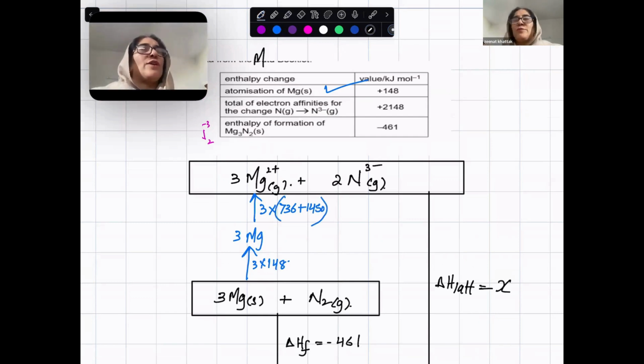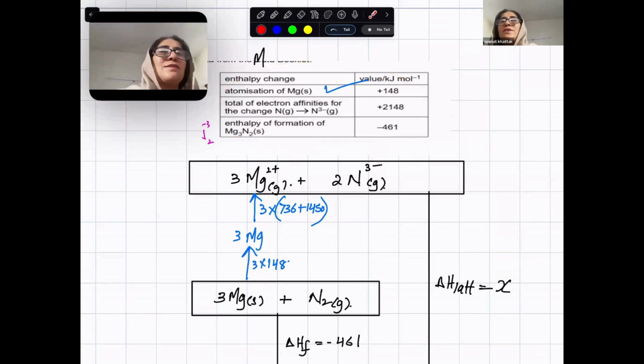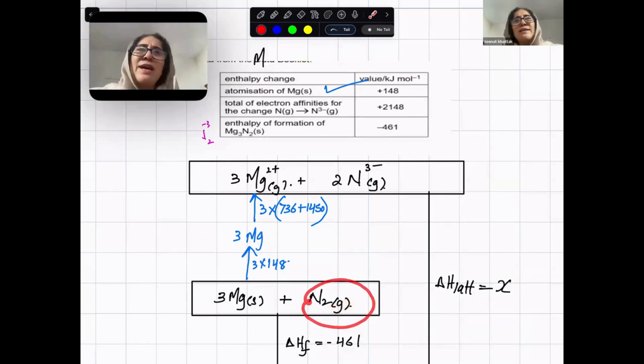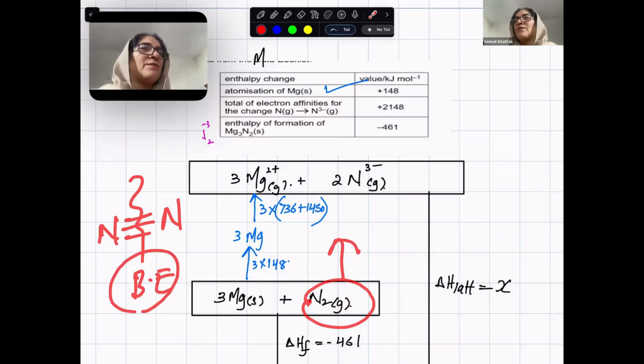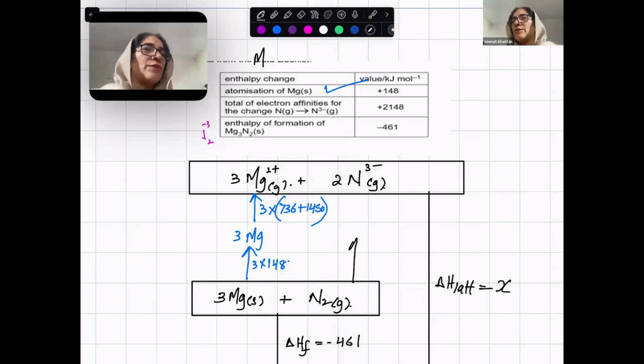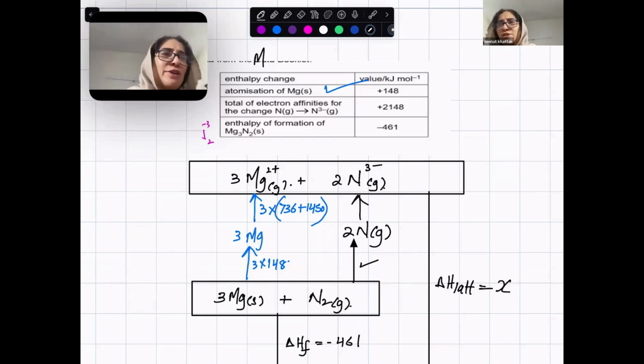Now, this is nitrogen. No atomization is given, but it is a gas. Can we use bond energy directly? Yes, using the data booklet. The triple bond will break and the bond energy will turn this into 2 atoms. So you need to break this into atoms, and then I will use the bond energy from the data booklet.